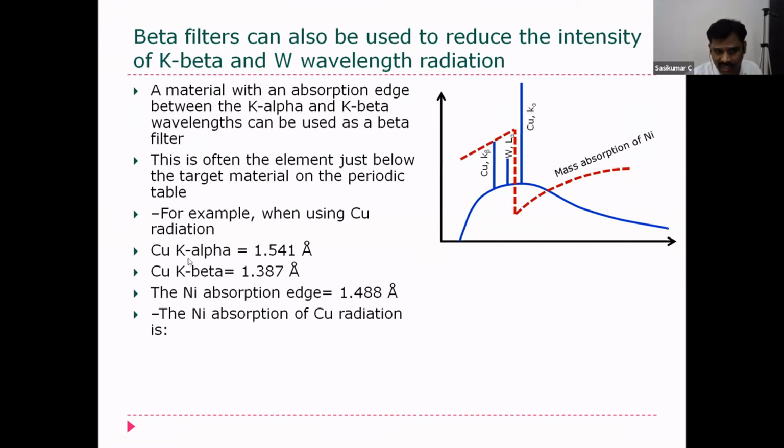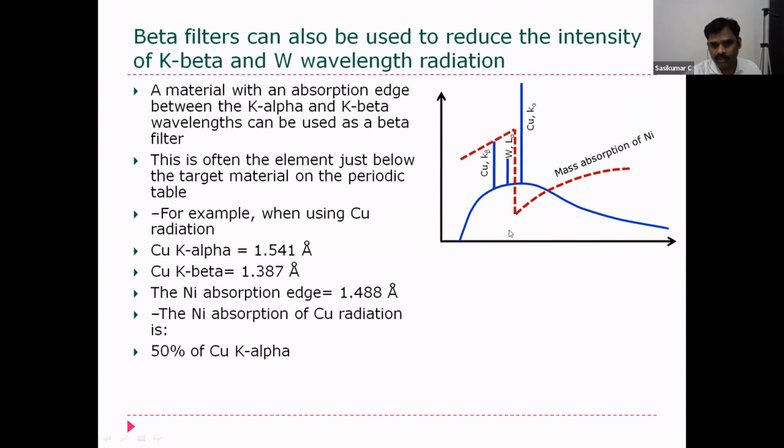The K alpha line is 1.54 angstrom, and K beta is 1.38 angstrom. And the nickel absorption edge is at 1.488, exactly in between K alpha and K beta. So if you use a nickel plate in the path of the X-ray, it will filter out a certain wavelength.